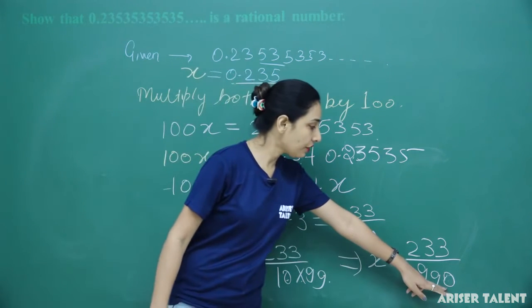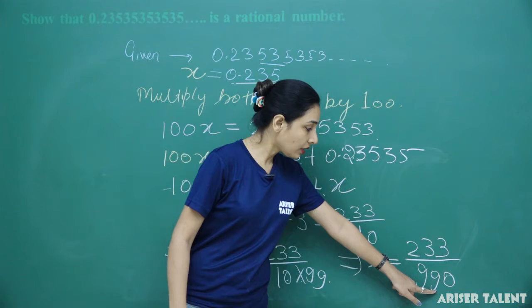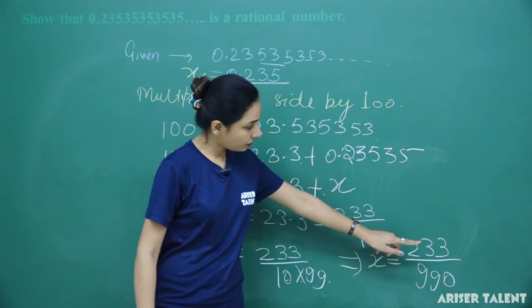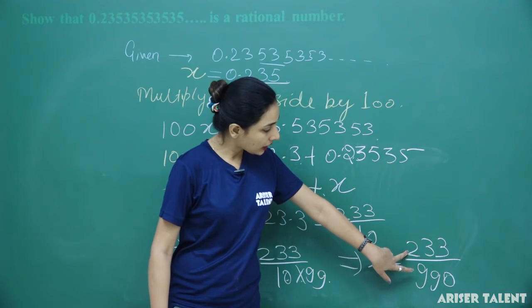Now that will not be divided by 5, but can it be divided by 3, right? But it will not be going to divide by 3 either.